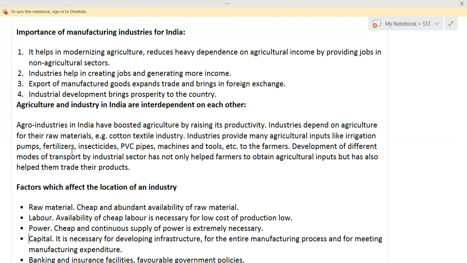So we can sell our goods abroad and earn foreign exchange. Industrial development brings prosperity to the country. Industrial development is the most important factor which brings prosperity to the country.